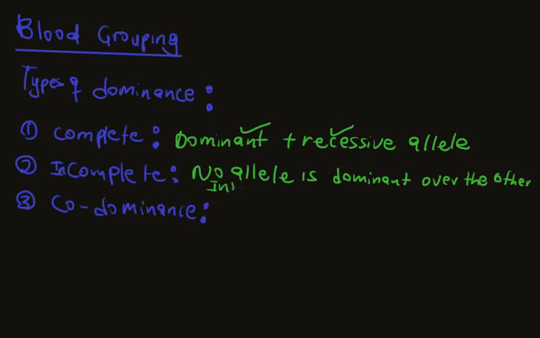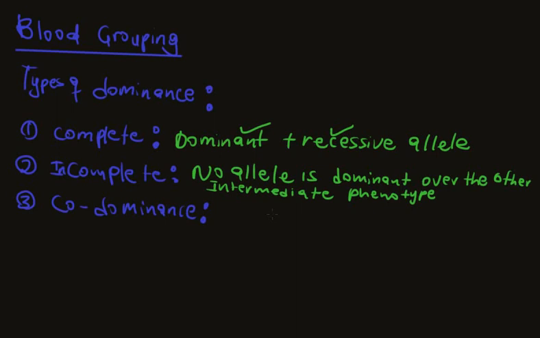Let me just write intermediate phenotype. So if it's red and white, then maybe a pink flower. If you're crossing a red flower and a white flower, then you get a pink flower.